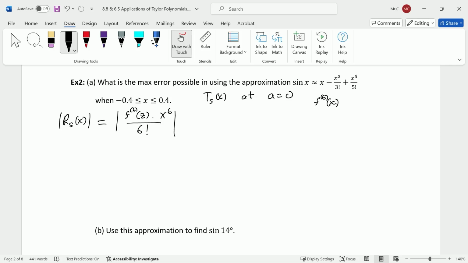Sine is the 0th derivative, so cosine is first, negative sine is second, negative cosine is third. Then we're back to sine is fourth, then cosine is fifth, and finally negative sine of x is our 6th derivative.